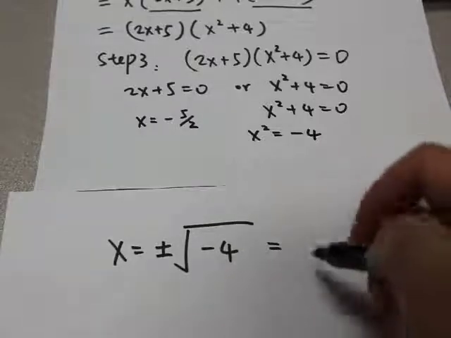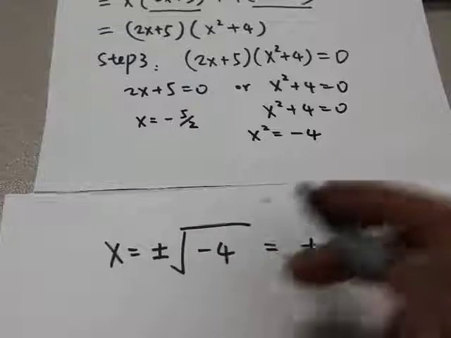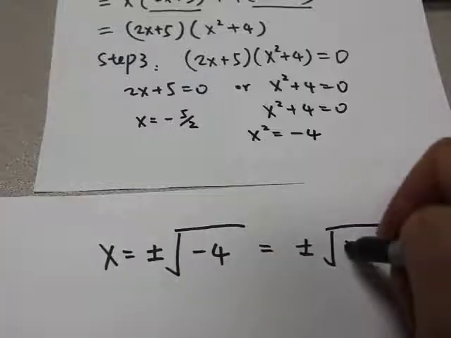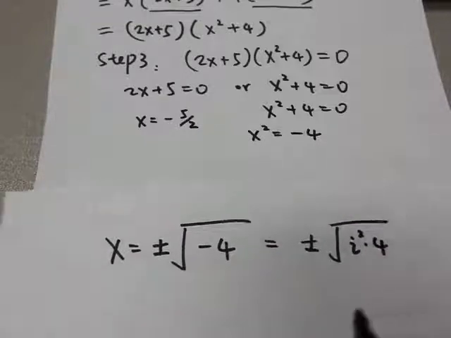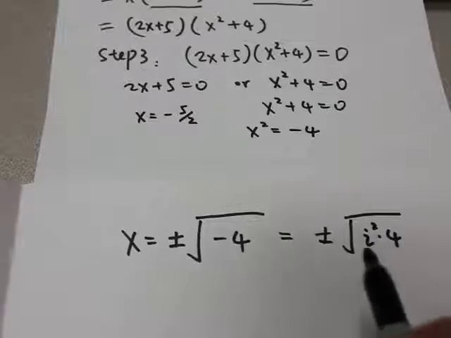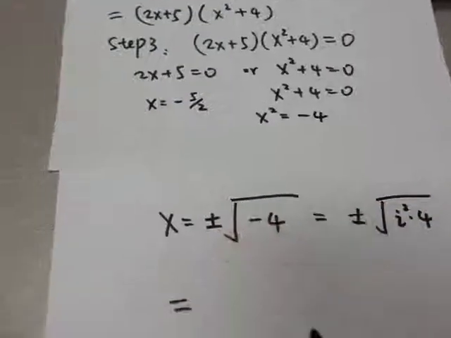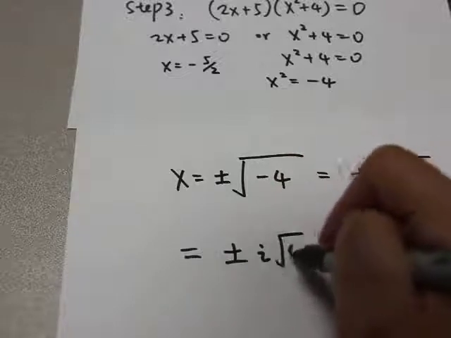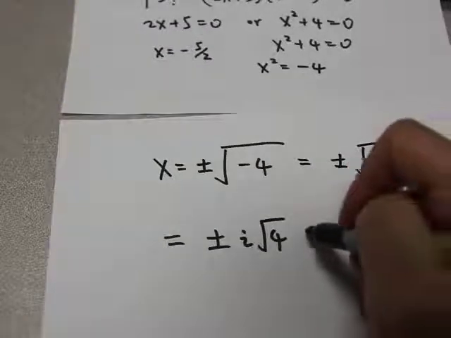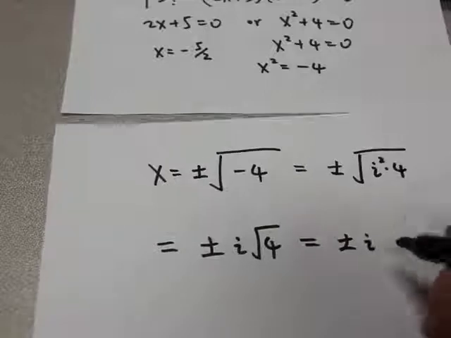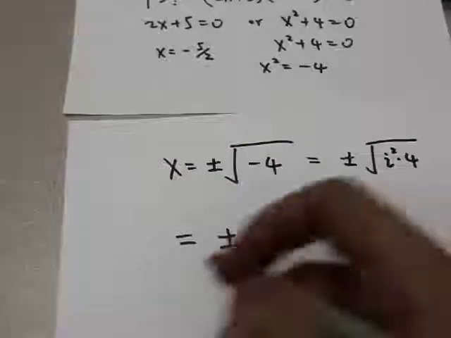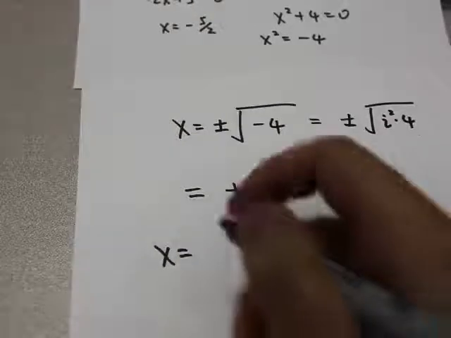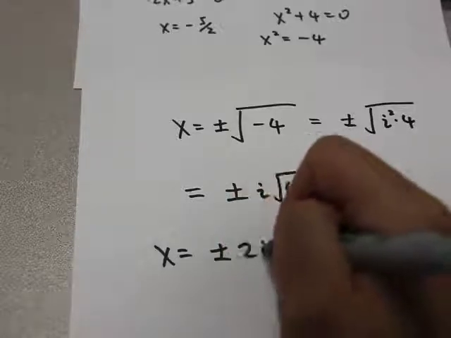From complex numbers, we know that the square root of negative 4 we can write as the square root of i squared times 4, right? i squared equals negative 1. So this equals positive or negative i times the square root of 4, which equals positive or negative i times 2. So x equals positive or negative 2i.